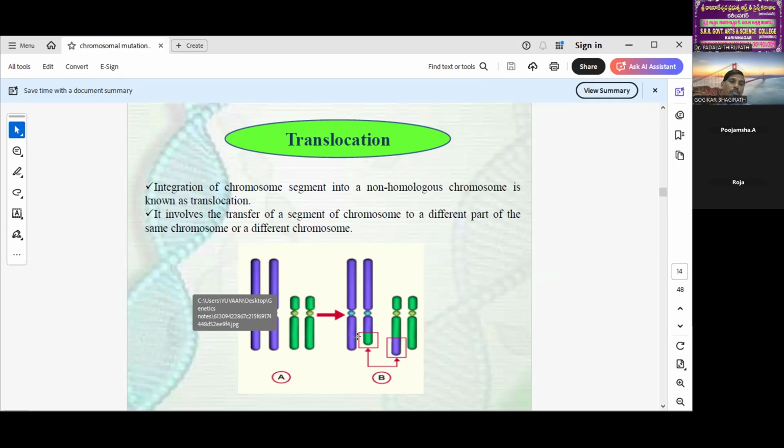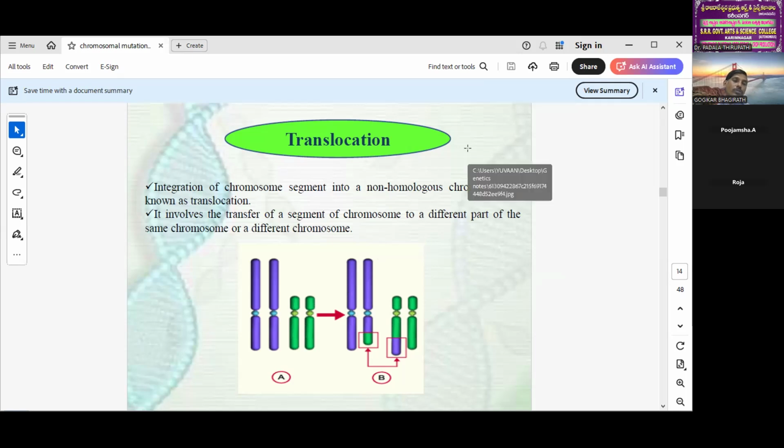For example, this color indicates one linkage group, this color indicates another linkage group. A block of genes is cut and shifted, a rearrangement. Here, the total number of genes is equal.